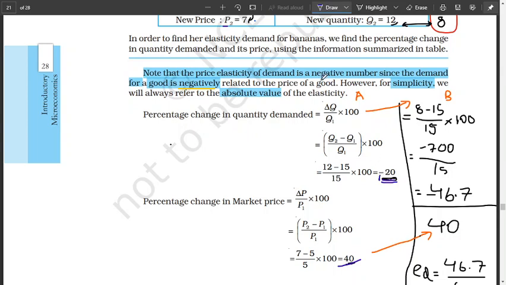While calculating the elasticity of demand, you may get a negative number because you buy less. But for simplicity, we'll neglect the negative sign and take only the absolute value. We understand the minus means you buy less, but let's compare only the absolute values: 20 percent change in quantity and 40 percent change in price.